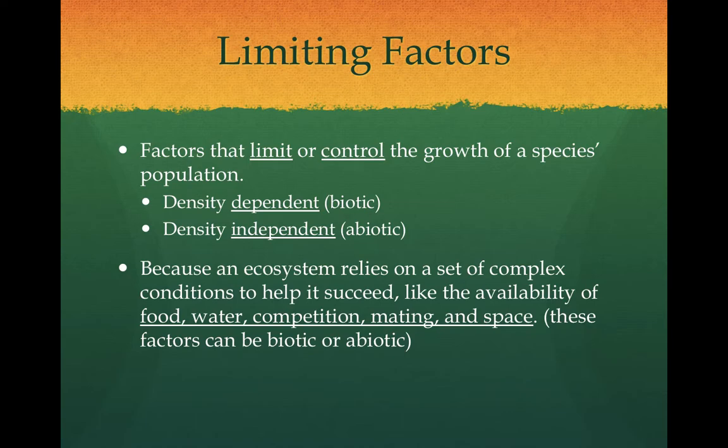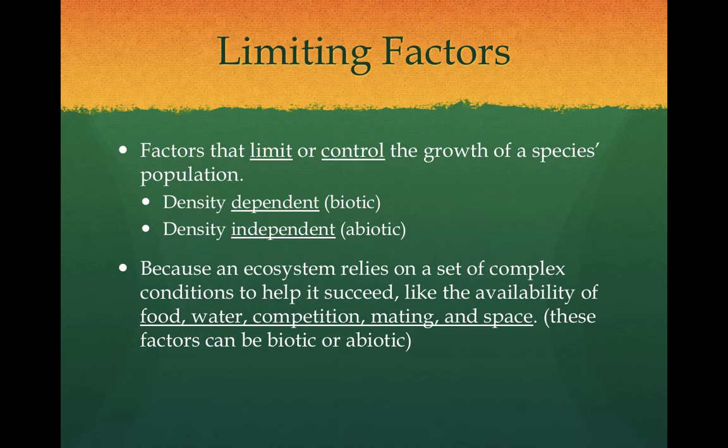When we talk about control, we don't mean us controlling the population, such as setting a limit on the number of deer that hunters can kill inside of a season, which technically would be considered an abiotic factor because it has nothing to do with the deer itself. The deer didn't cause that. So what we have to talk about is what limits a population.